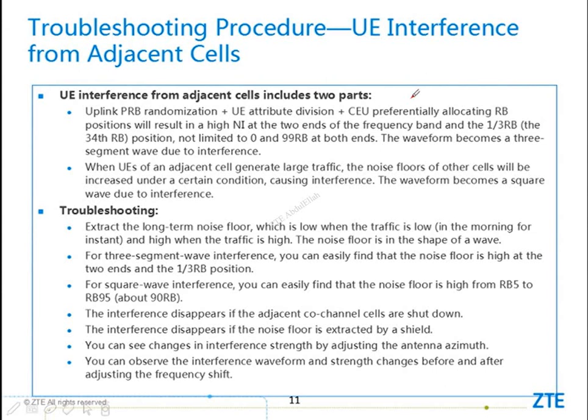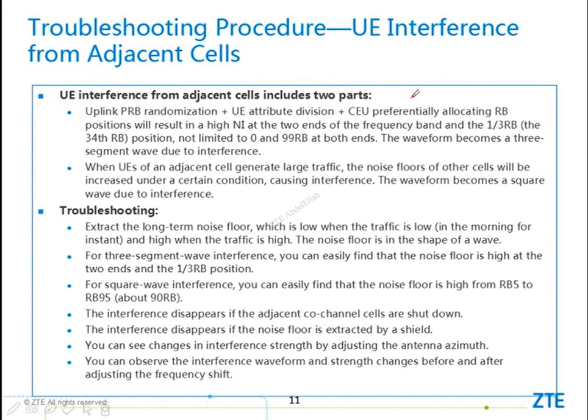the interference from the neighbor cell is very high. Probably the other reason is because the neighbor cell transmit power is very high, uplink power is very high. So that you can try to enable closed loop power control. You can see if the neighbor cell enabled the closed loop power control.